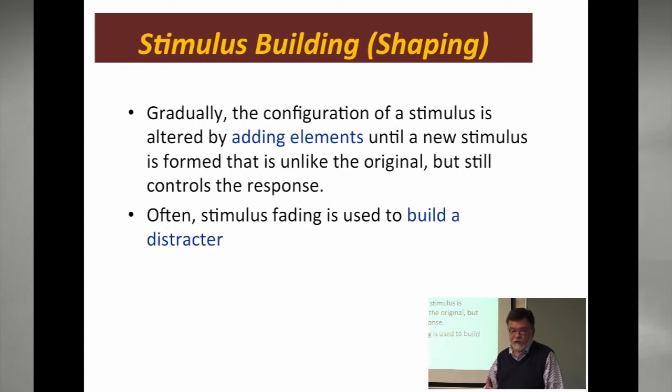And often it's referred to in the literature somewhat incorrectly as stimulus fading, but you're building a distractor. In the article that you read, you're going to find that they used what they refer to as distractors.